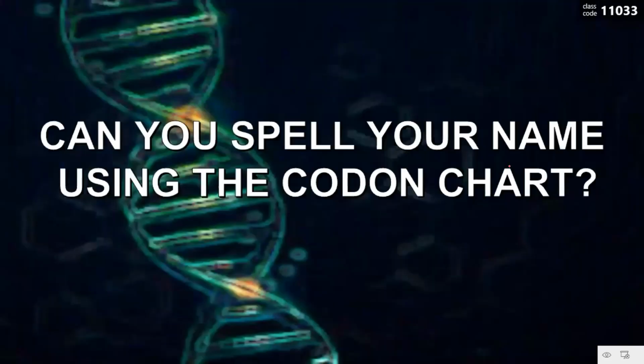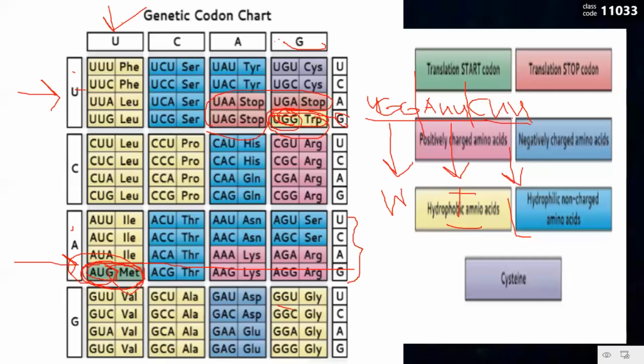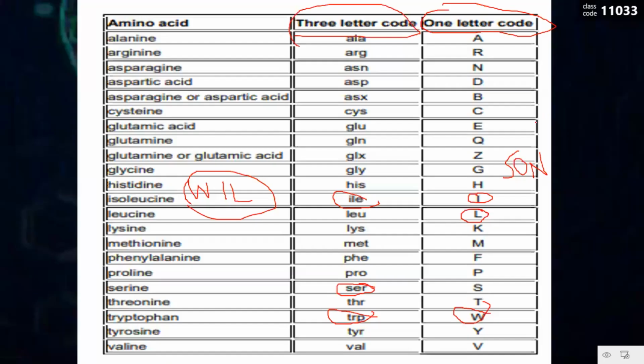Okay? How about kayo? Kaya nyo bang spell yung inyong names using these conventions? So, actually, medyo ganito yung gagawin ninyong assignment. I will give a particular combination of codons and I have a secret message for all of you to decode.